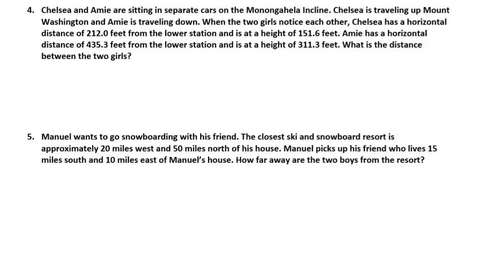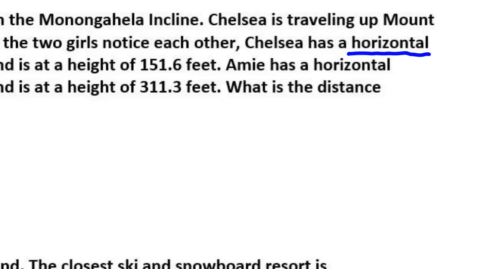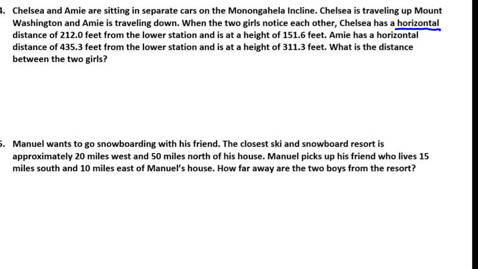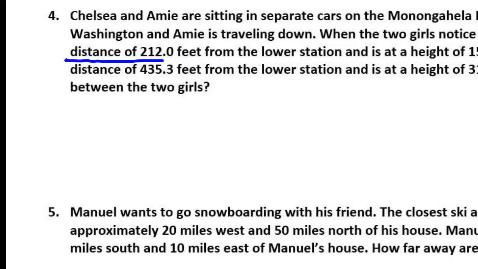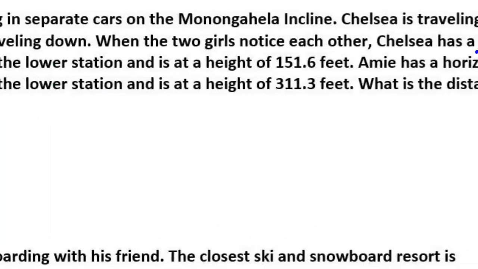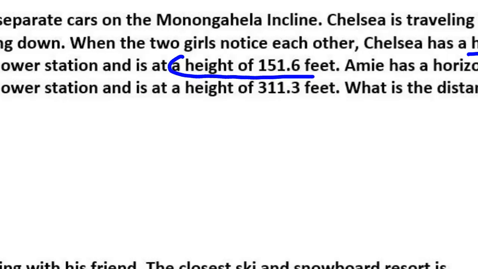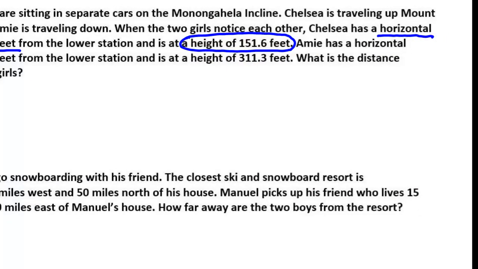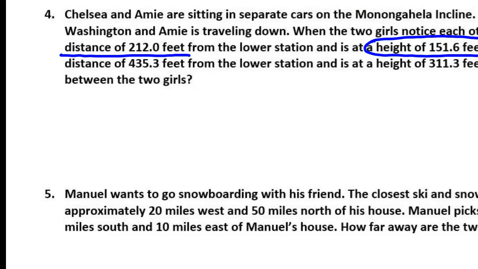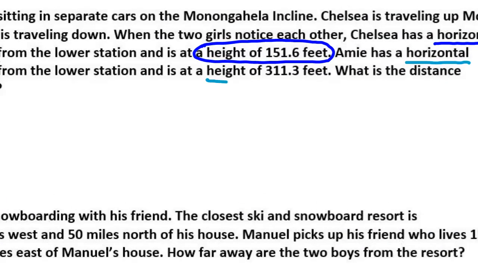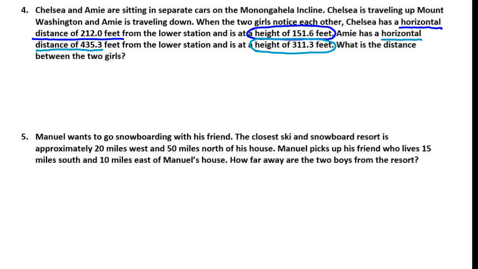When the two girls notice each other, Chelsea has a horizontal distance of 212 feet from the lower station and is at a height of 151.6 feet. Amy has a horizontal distance of 435 feet from the lower station and is at a height of 311.3 feet. What is the distance between the two girls?